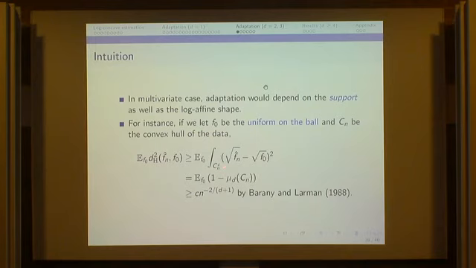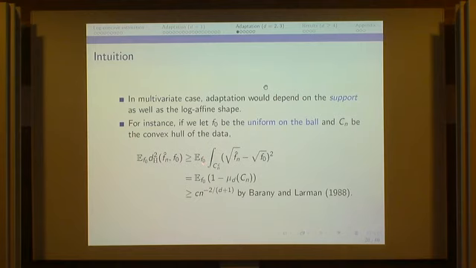And let's say this ball has Lebesgue measure 1. Suppose this area is measure 1, so that the density value is 1 here. Then this is the integral over C_n complement, d mu, that's all, right? The Lebesgue measure. Then that part is just 1 minus the Lebesgue measure of C_n. So this is just the area outside of the convex hull.